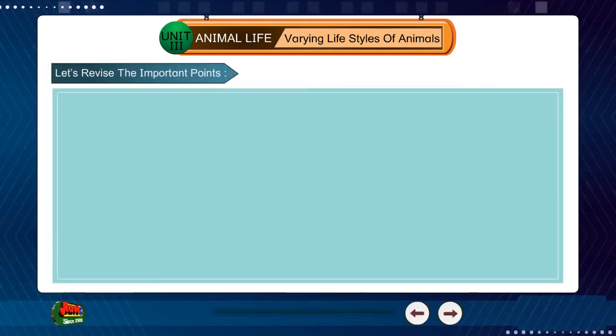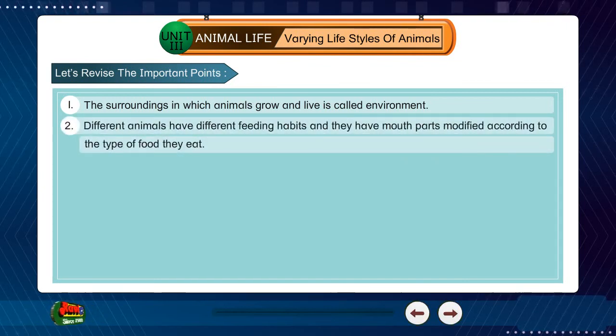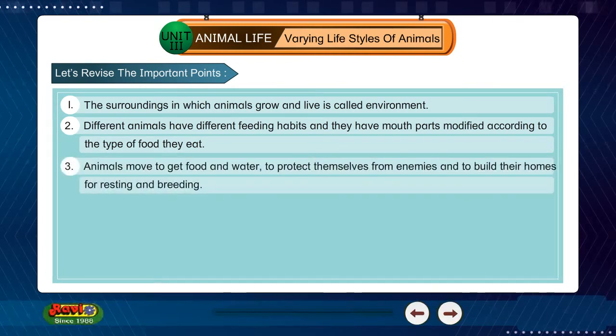Let's revise the important points. 1. The surroundings in which animals grow and live is called environment. 2. Different animals have different feeding habits and they have mouth parts modified according to the type of food they eat. 3.